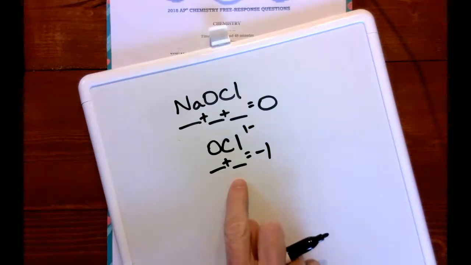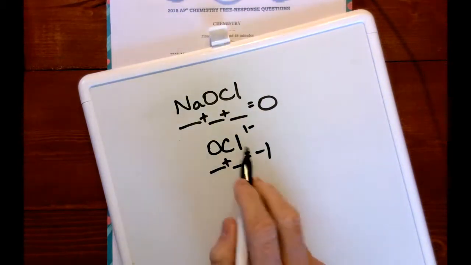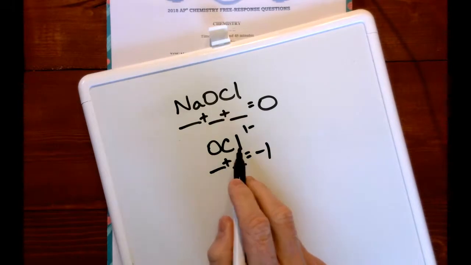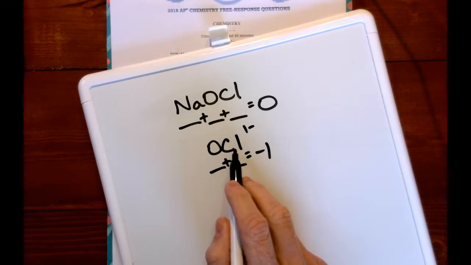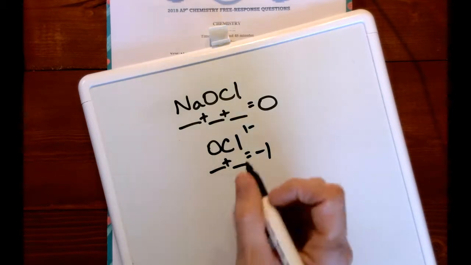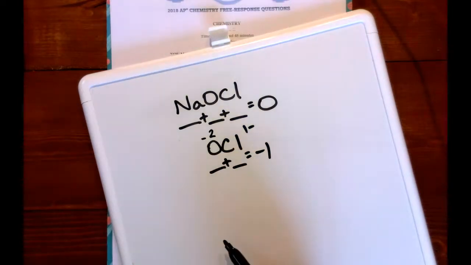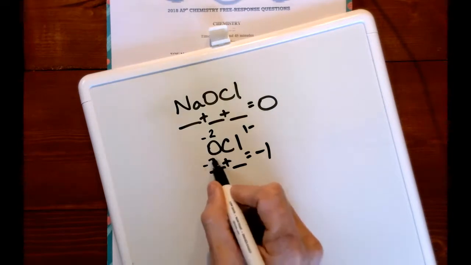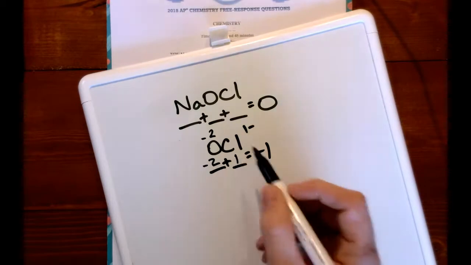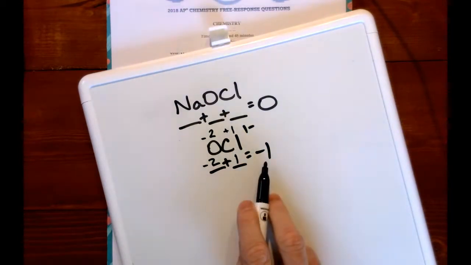So the sum of the oxidation numbers will equal that. We're going to start here because it's a little simpler. Oxygen and chlorine are bonded to each other in this polyatomic ion. And our oxidation number rule for oxygen says that oxygen is usually a -2. This is not one of the exceptions, not a peroxide, not bonded to fluorine, which means quite simply chlorine has to be a +1 for the sum to equal the charge.